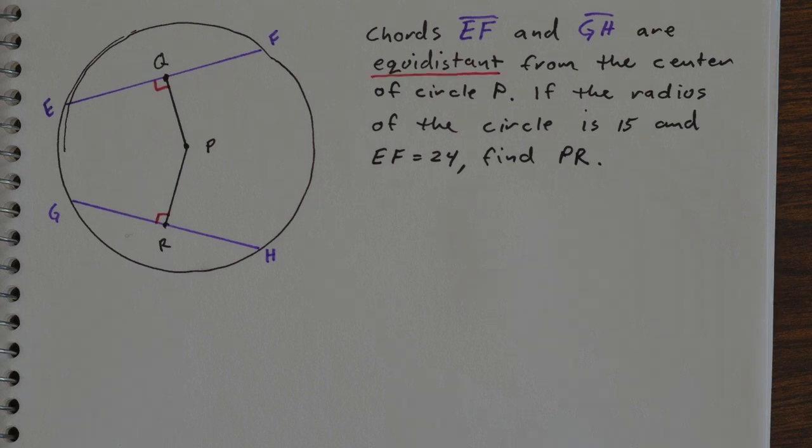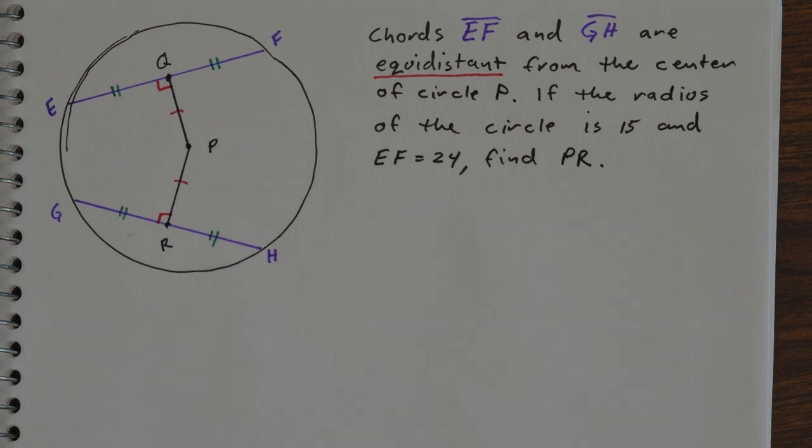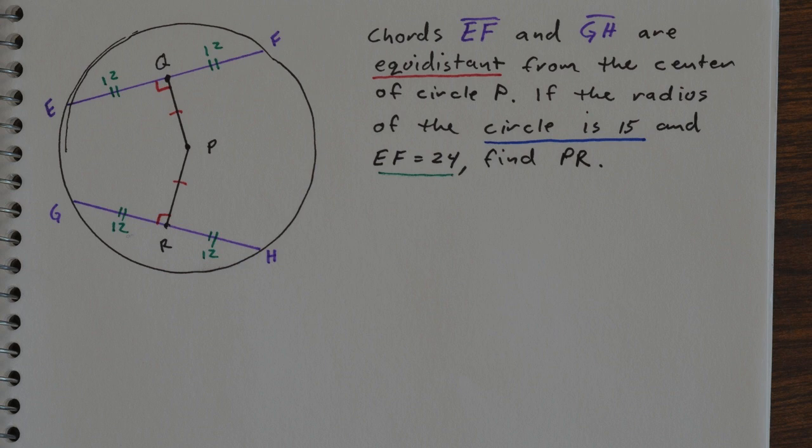The fact that the chords are equidistant from the center means that first they are perpendicular to the radii and equal in length. Likewise, the chords are bisected. So the fact that EF was 24 means that everything else is 12 apiece.